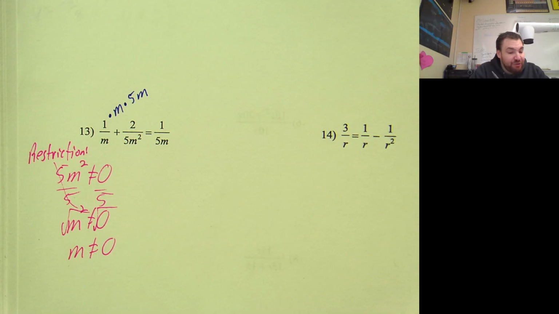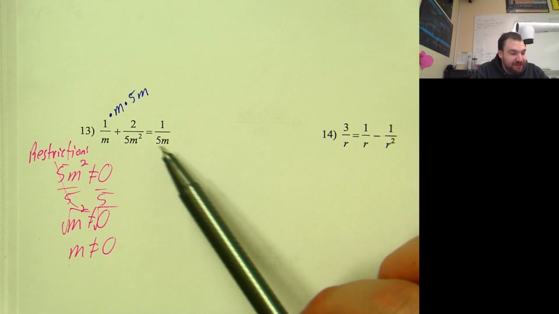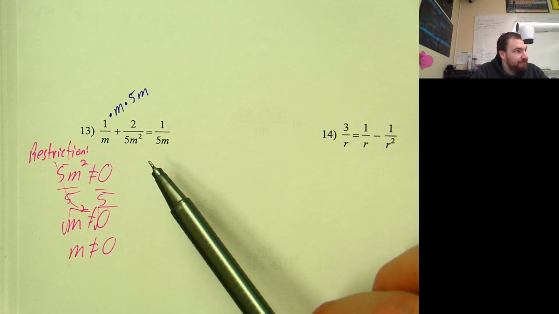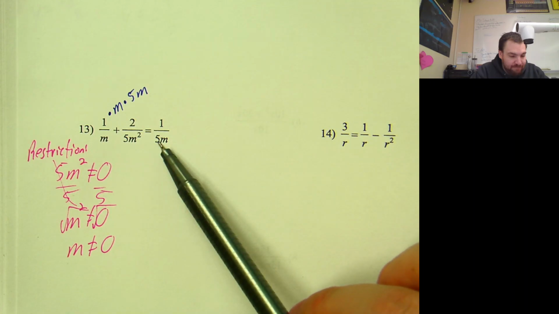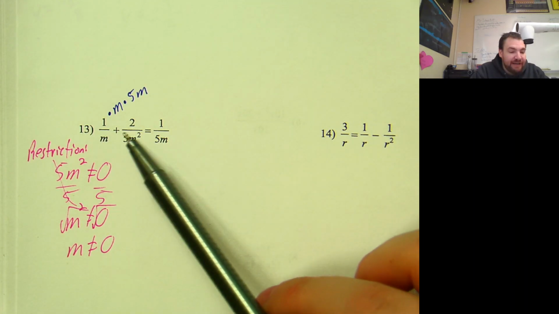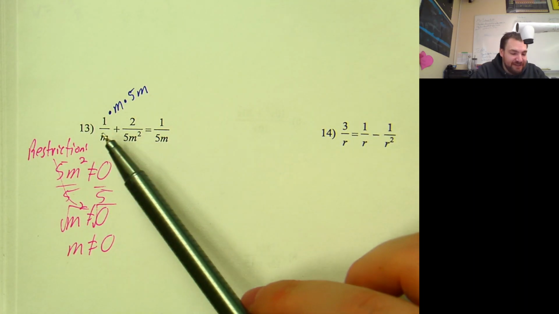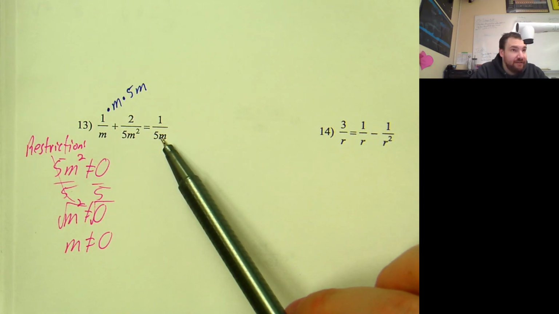This one is a little bit tricky because yes, we do kind of want to do that. But how are these three denominators all related to each other? Carolyn. 5m squared is the same as 5m times m.